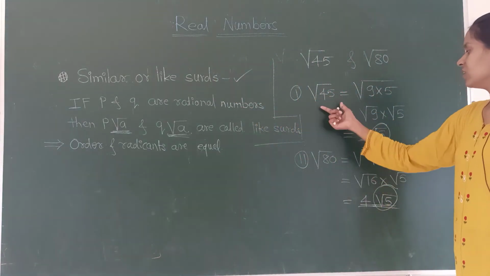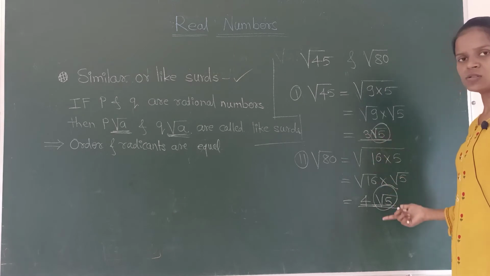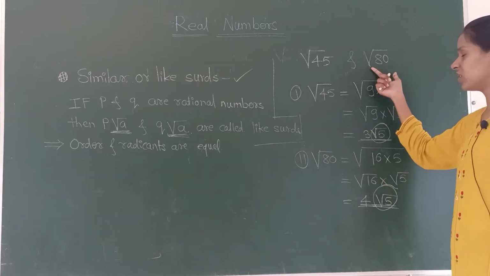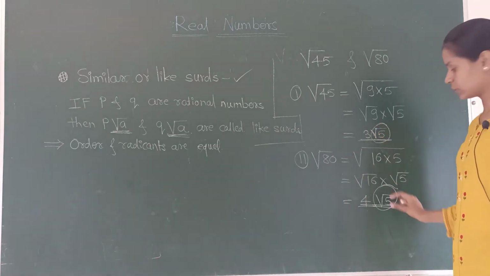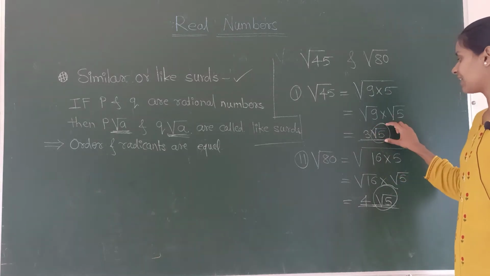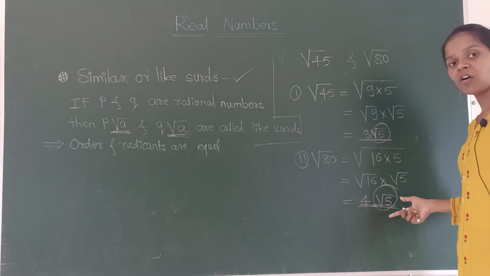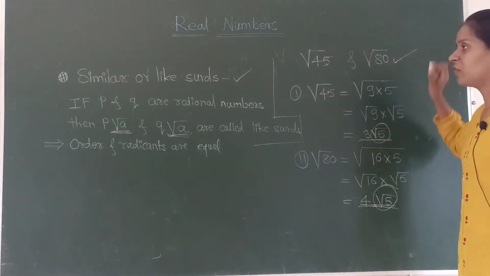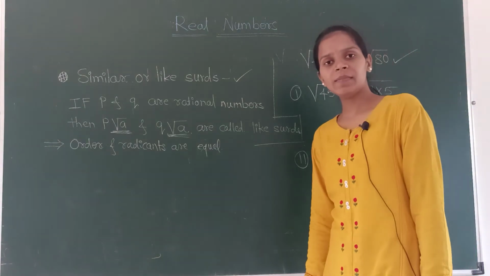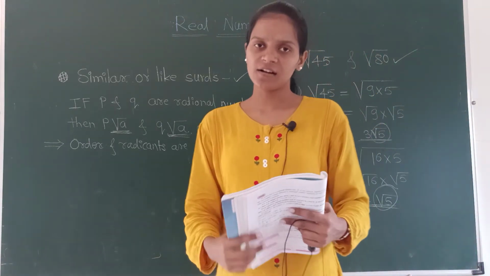The order and radicands of under root of 45 and under root of 80 are equal. Order is 2 for both surds and the radicand is 5 for both. Therefore, under root of 45 and under root of 80 are similar or like surds.